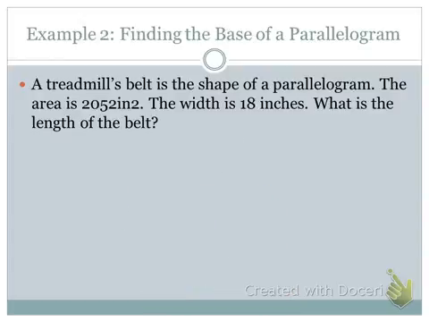Okay, so what if you had these numbers? Let me switch over to paper. All right, so what if you had that the area is 36 millimeters squared.